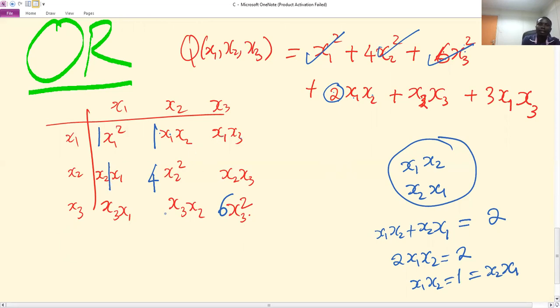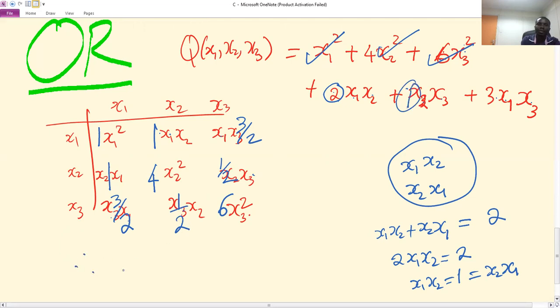x1x3 and x3x1 are the same thing. So the coefficient of x3x1 is 3, and each of them will be shared equally, 3 over 2. This is 3 over 2. The coefficient of x2x3 is 1. x2x3 and x3x2 are the same products, so half will be taken by this and half by this, so that half plus half gives a full 1.